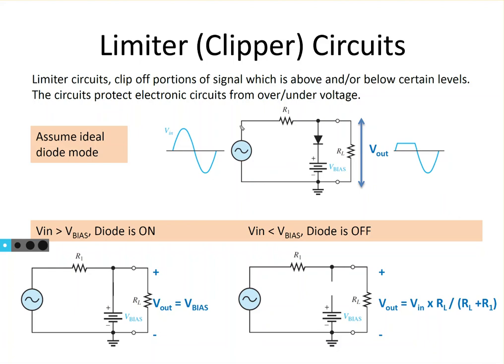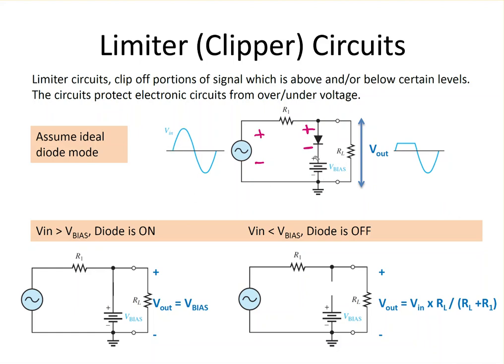In terms of polarity, in the positive cycle, we're going to have that polarity, and for the diode to be forward biased, we need that polarity. So we can see that the diode will be forward biased if the input voltage in the positive cycle gets above the V bias.